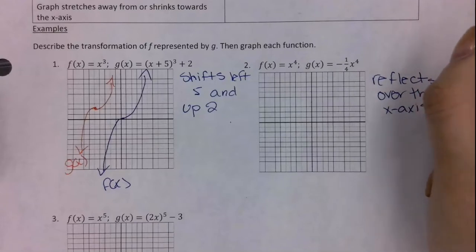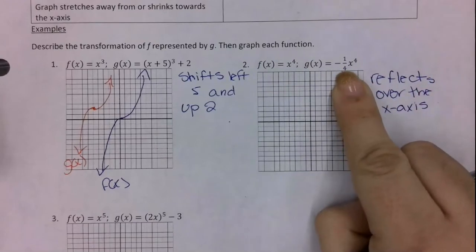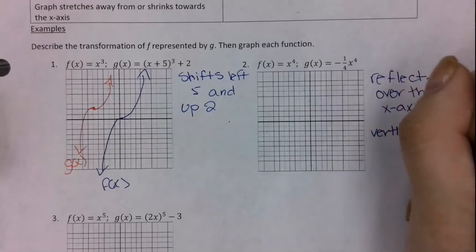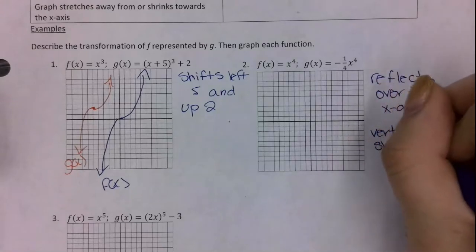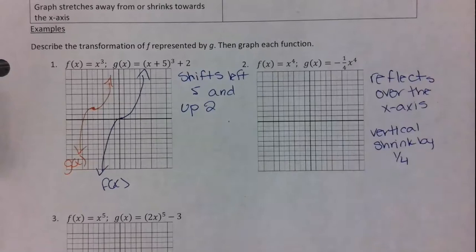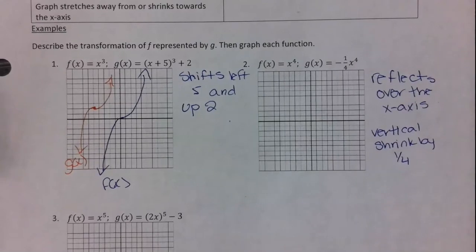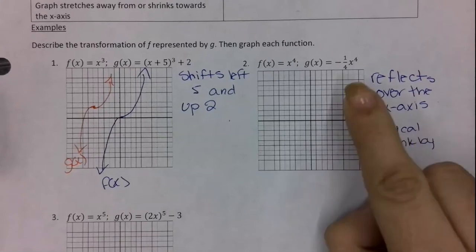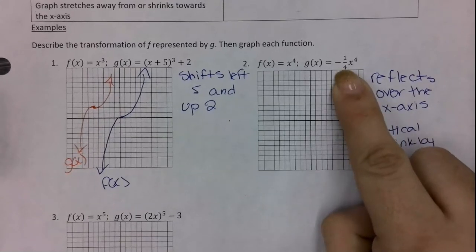And what else? What's the 1/4 going to do? Yeah. So I have a vertical shrink by 1/4. And the reason it's a shrink and not a stretch is because this number out front is less than 1.